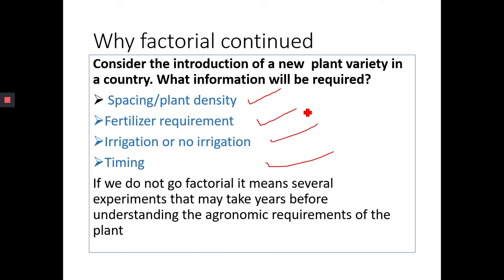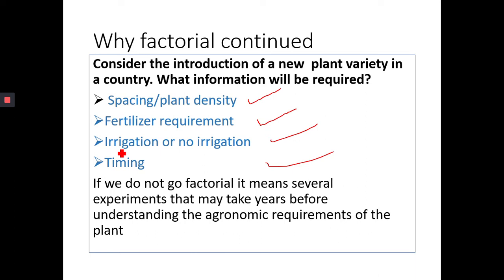So we may have 2-3 factors included in a single experiment. Instead of taking 3 years, we may shrink that to a single year and investigate all the factors.